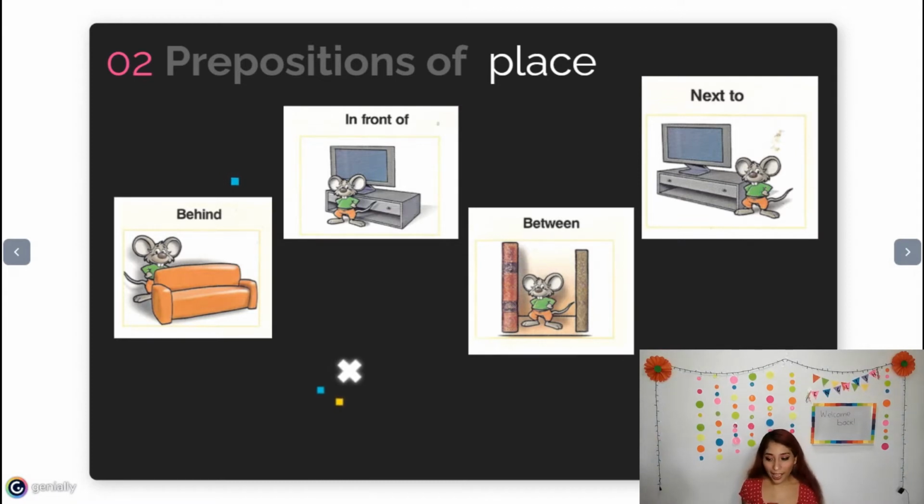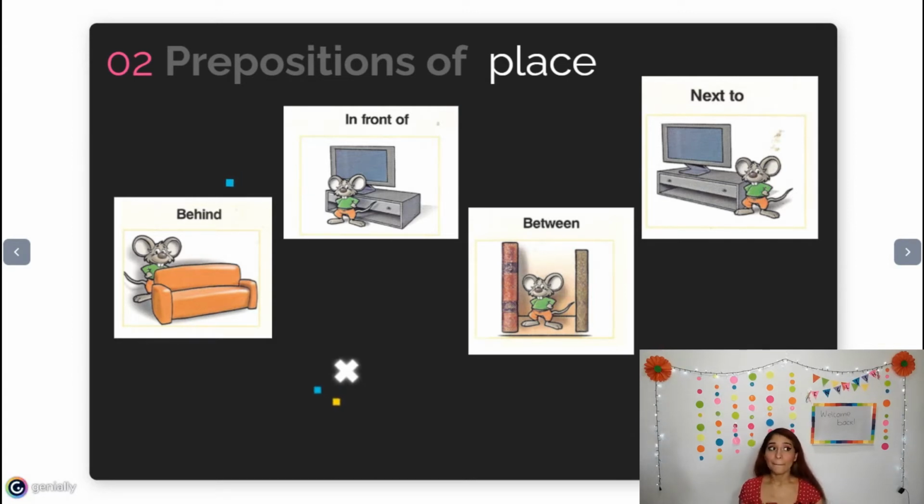So behind, as you can see here, we have some pictures to illustrate, and we have a pretty mouse, and this mouse is hiding between books. But first of all, the first picture is showing us the mouse behind the couch, okay, or the sofa.